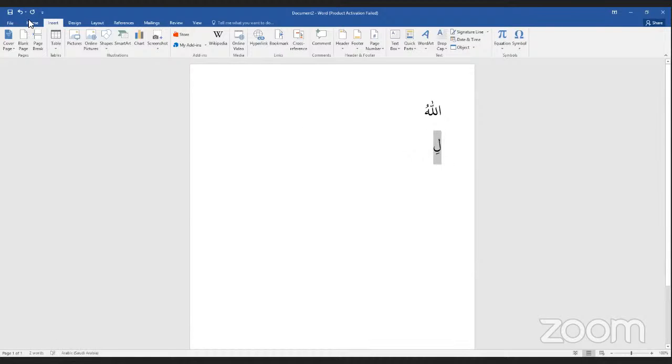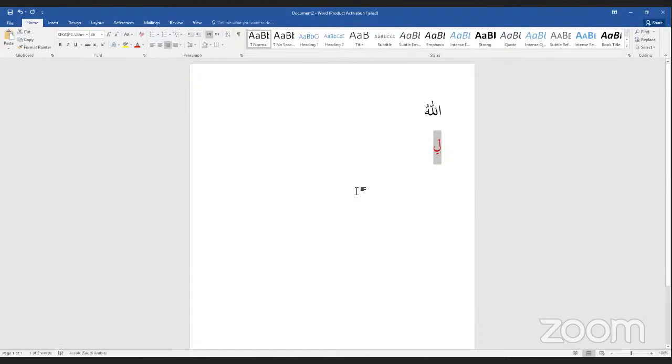The moment I attach the harfu jar li, plus this, what it will do, Allahu will no more be Allahu, it will become Lillahi. Now you notice that this alif was removed. In Lillahi, you notice this alif was missing.